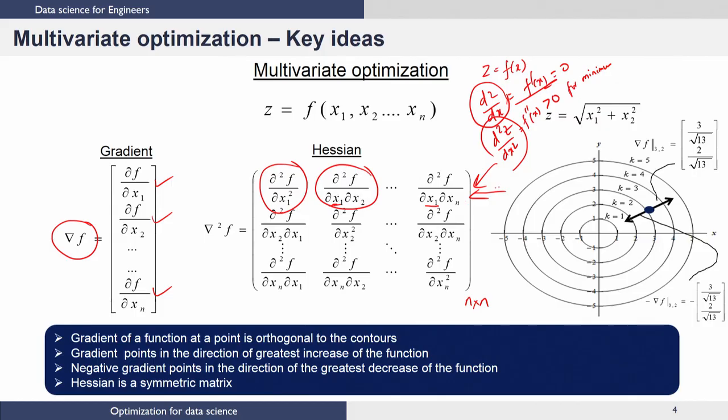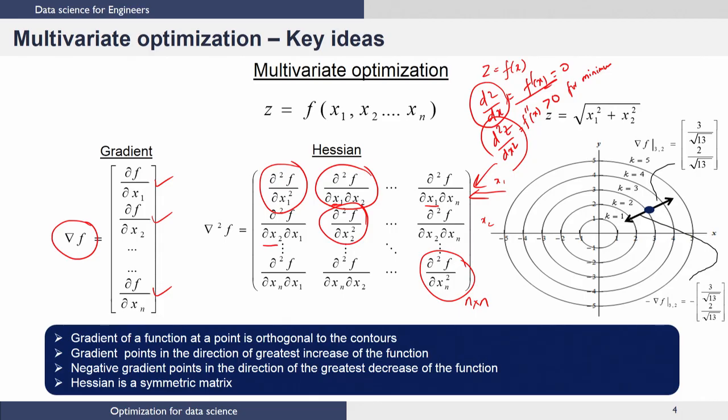Now, this is with respect to variable x1. You can do the same thing with respect to variable x2. Notice here that x2 has come before x1 because it is in the second row, and this diagonal is always with respect to the same variable differentiated twice. So, this is dou squared f dou x2 squared, dou squared f dou xn squared and so on.